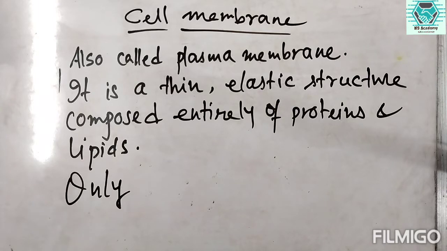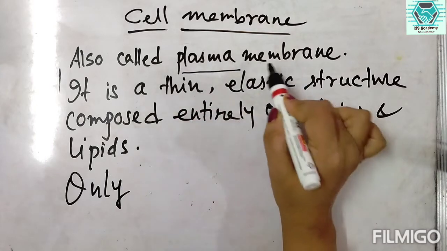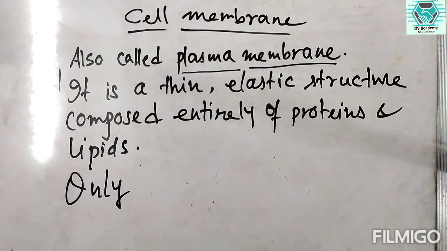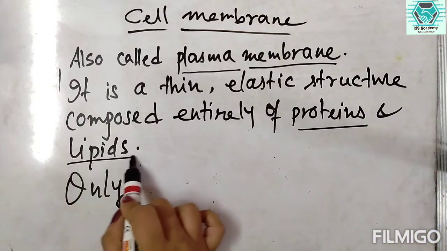Now we move to the cell membrane structure. The cell membrane, which is also known as the plasma membrane, is a very thin, elastic structure which is composed entirely of proteins and lipids.